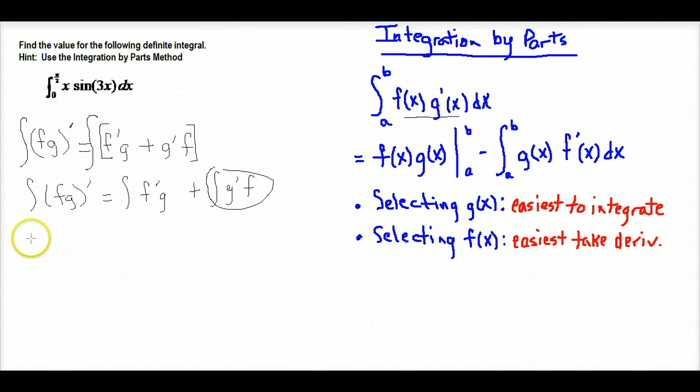If we did that, we would get the integral of f prime g minus the integral of f prime g here, and that would equal the integral of f g prime.